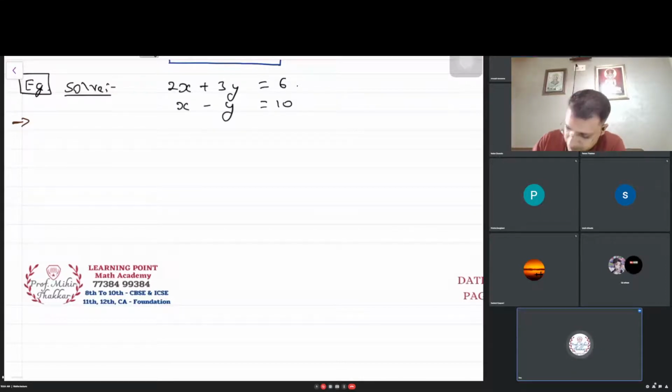So guys, matrix A is taken like this: 2 and 3 from the first equation, 1 and minus 1 from the second equation. I am sure you can identify this. If nothing is written, then obviously the coefficient 1 has to be there in that equation.